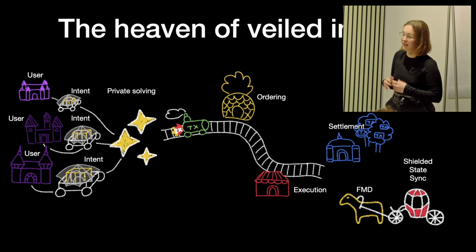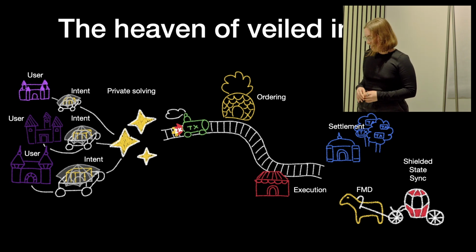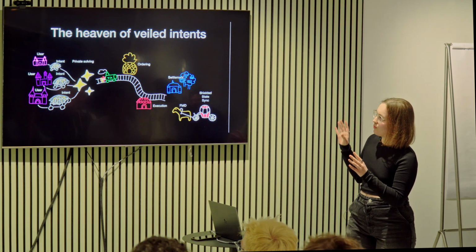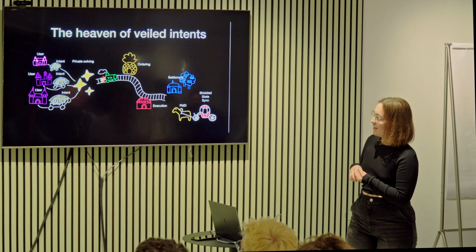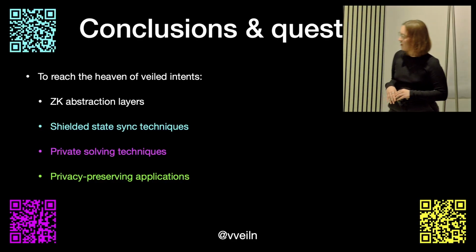Someone can send you something like Bitcoins just for free because you gave a cool talk at the Heliax summit. Can happen. This diagram roughly represents what we are trying to build at Anoma. So now you know, hopefully. And that is actually kind of it.